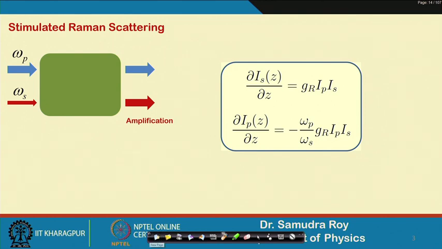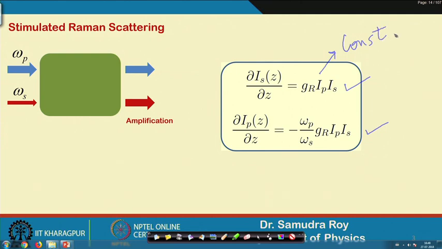This differential equation is coupled, and it tells us how the intensity of the signal and the intensity of the pump are going to change. If the pump is constant, then in these two equations I can consider I p constant.